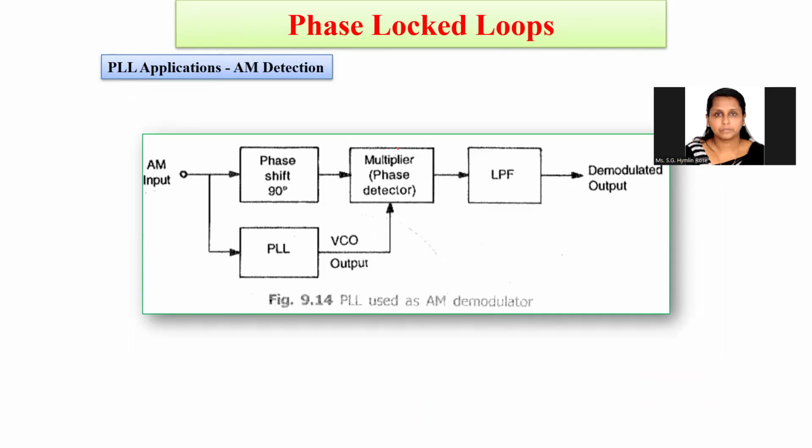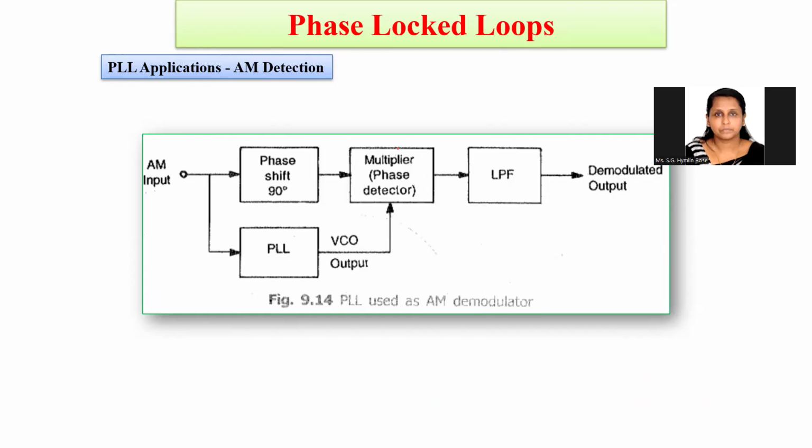The next is AM detection. The AM input is given to a 90 degree phase shift, and the VCO output already has a phase shift of 90 degrees. So the AM input is shifted by 90 degrees and the VCO output is shifted by 90 degrees, which means the signals will be in phase now. There will be no phase difference. The PLL is locked to the carrier frequency of the incoming AM signal.